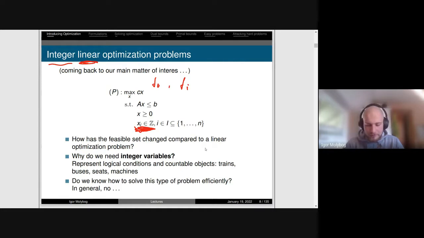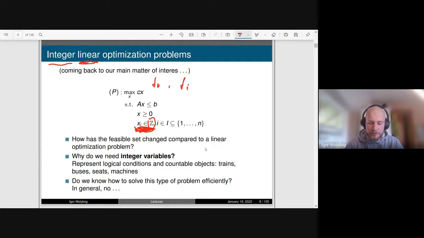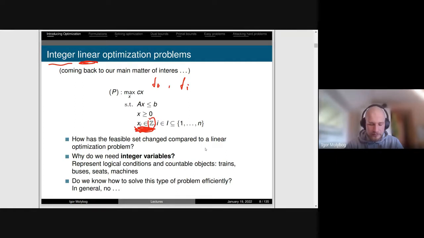So the feasible set has changed compared to a linear optimization problem by introducing a new set of constraints saying that each component belongs to the set of integer numbers. Why do we need integer variables?